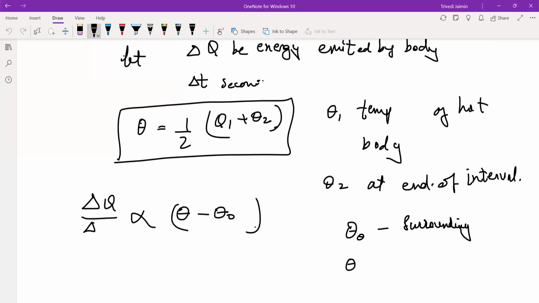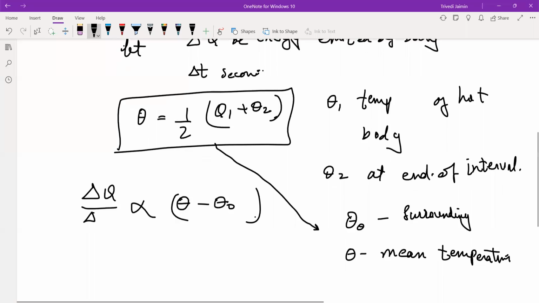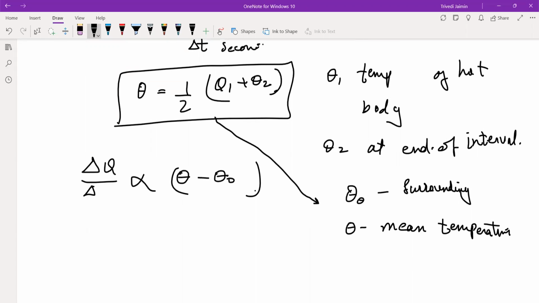Theta is the mean temperature. In your book, are they using theta or something else? I think it's theta only, sir. Theta only, right? Because it depends on book to book; they are using different notation. Okay. Mean temperature of a body.